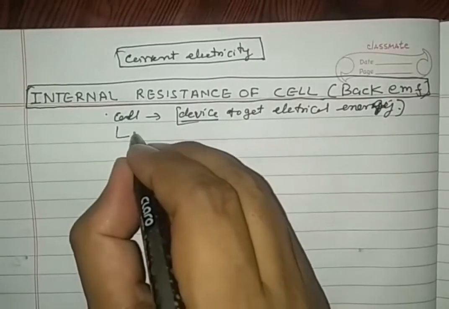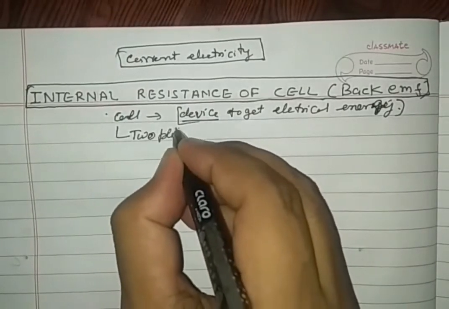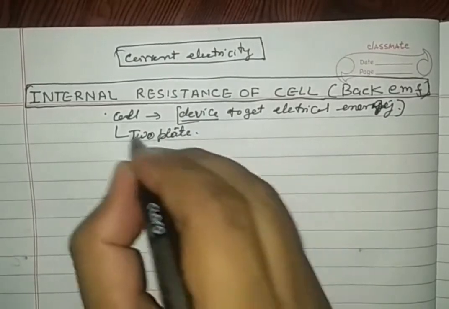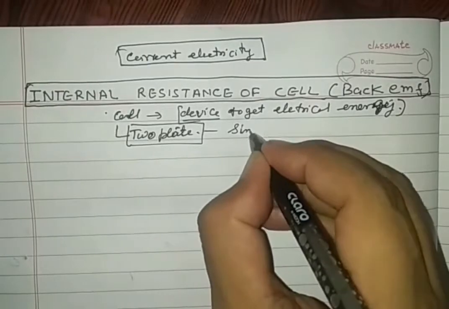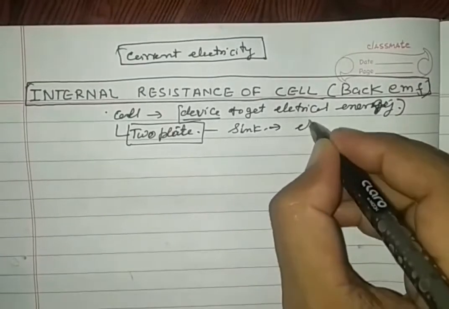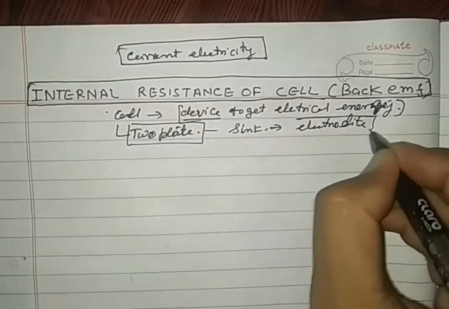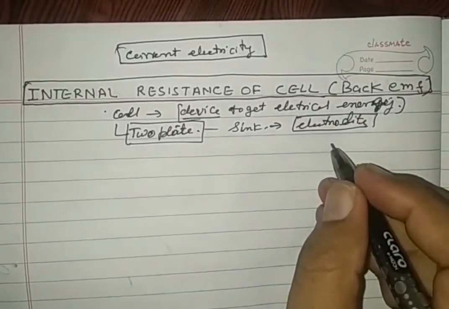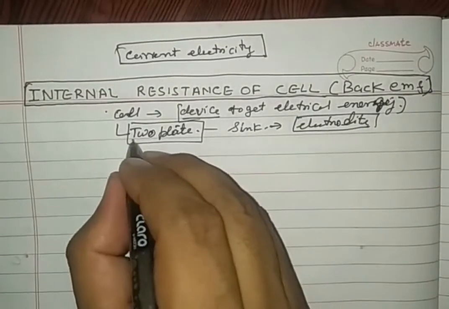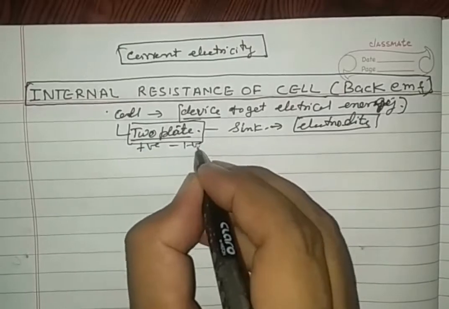In a cell there are two plates. These two plates are sinking in electrolyte. Sink in electrolyte. Two plates, one is called the positive plate and another is called the negative plate.